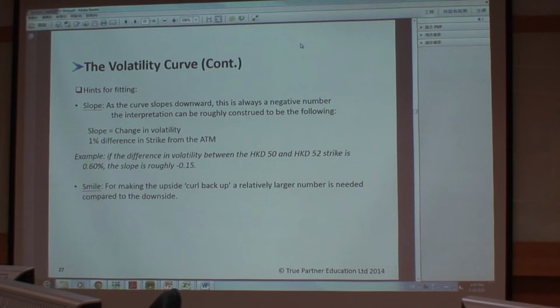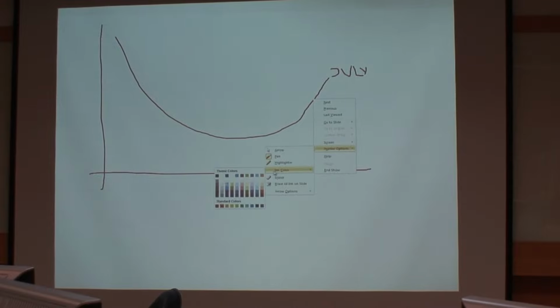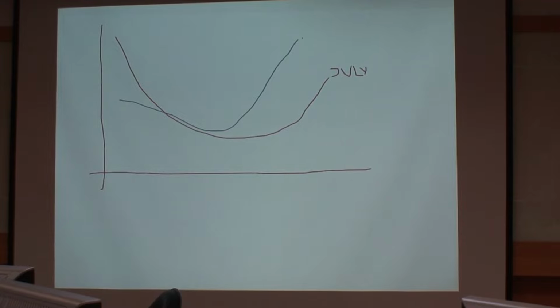Because you can imagine that if my July curve looks like this, options expiring in July, and if my May curve looks like this, it's a bit odd that these lines are so incredibly different and they're crossing each other. So I would like to be able to compare these various curves.